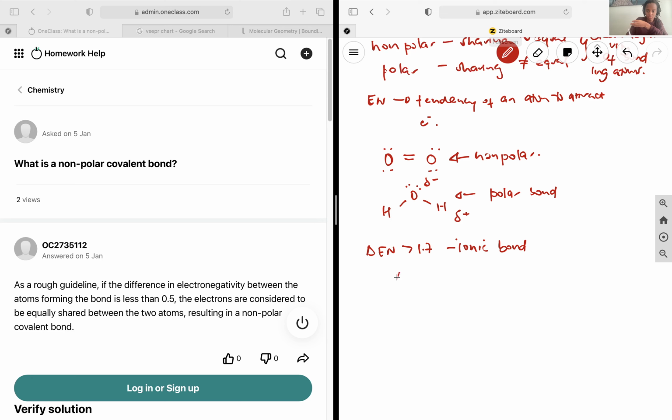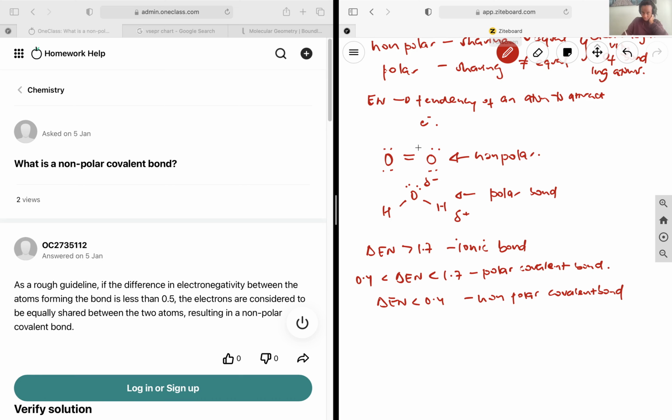If the difference in electronegativity between the two is between 1.7 and 0.4, you're going to get a polar covalent bond. And so that would be like water. And then in the scenario where the difference in electronegativity is under 0.4, you're going to get a nonpolar covalent bond.